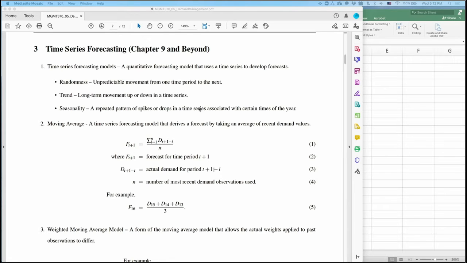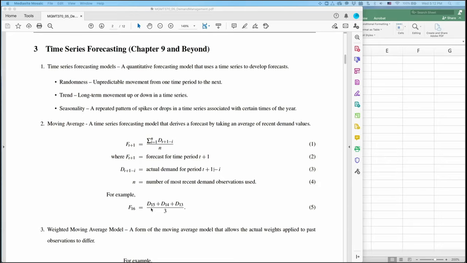For example, we can use 3 previous records. To forecast period 16, we can use periods 15, 14, 13, or 15, 14, 13, 12. So it depends. You have to check what number will be best for your moving average.